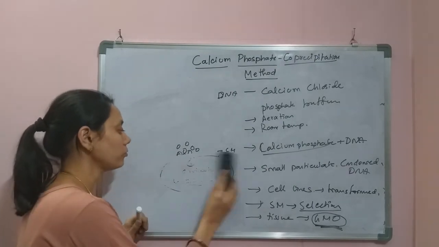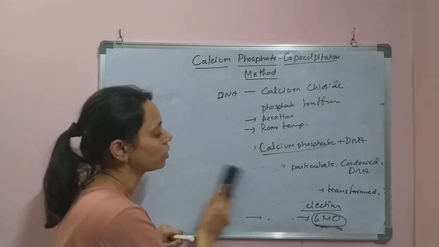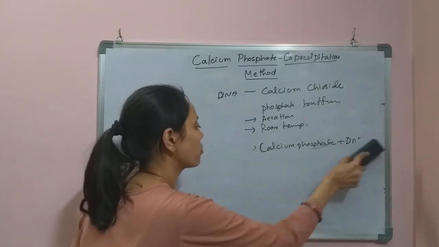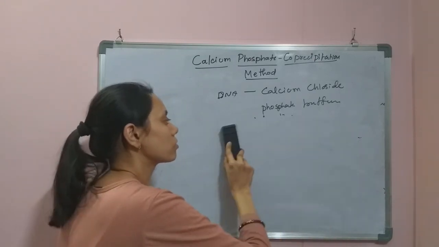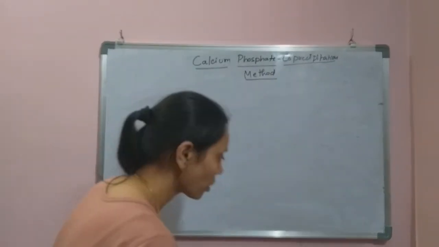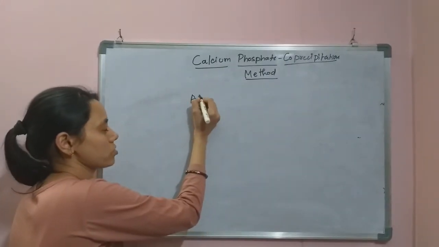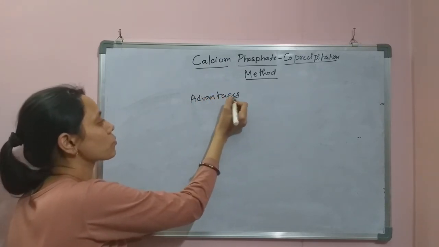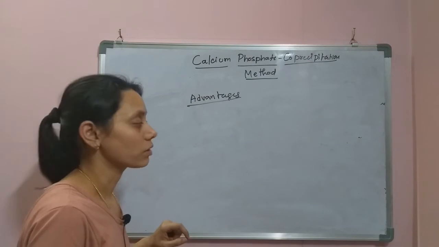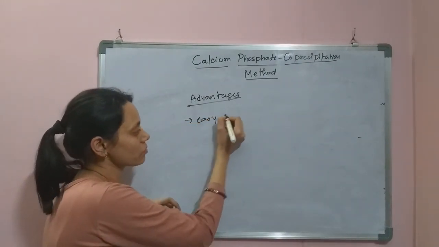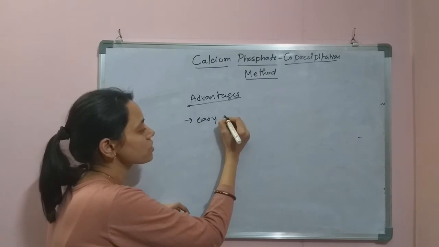So coming to the advantages and disadvantages of this calcium phosphate co-precipitation method, coming to the advantages. This method is basically an easy process, hence it is a popular method.